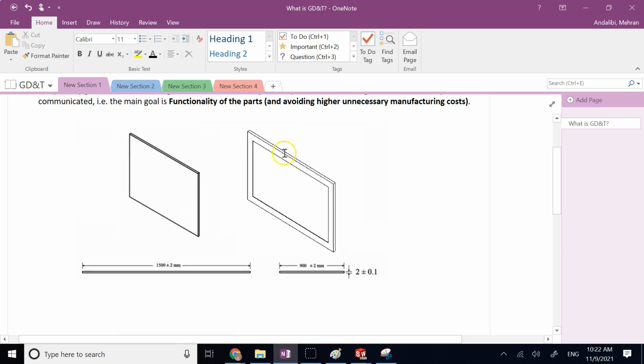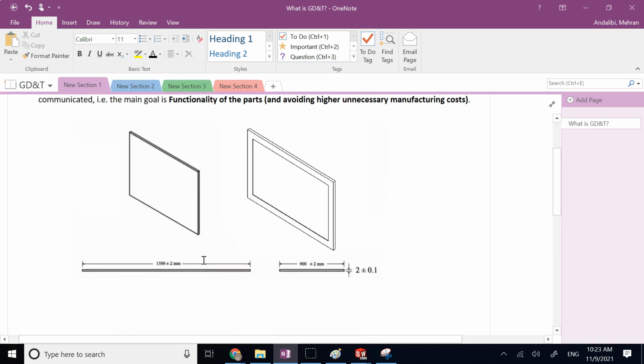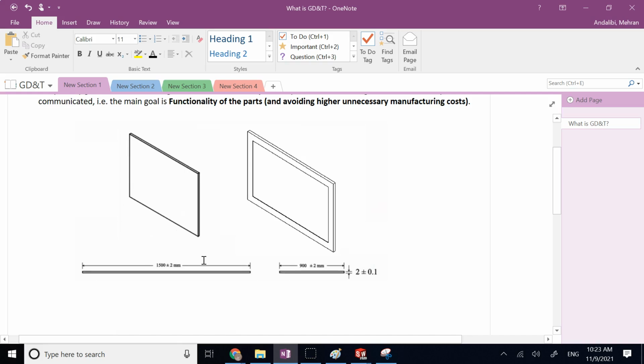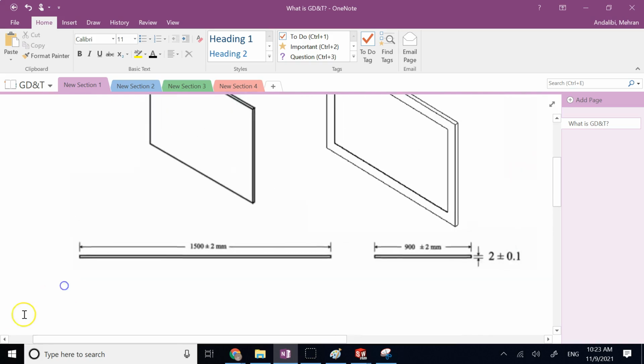Now, this is fixed, this is given to you. What you need to make is this mirror. So what would you say? When you provide the views for this mirror to the manufacturer, you say, hey, the length of this mirror ought to be very close to 1500 mils. If it's a little bit more or a little bit less than this, then I have to do some extra things for the assembly.